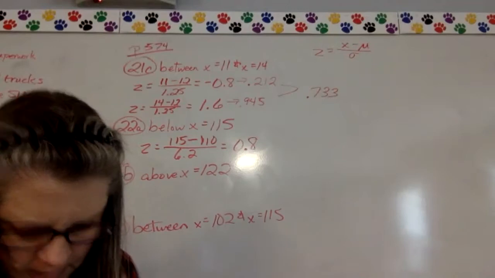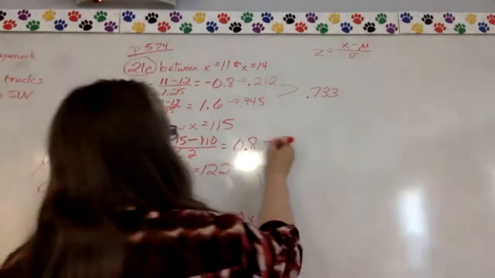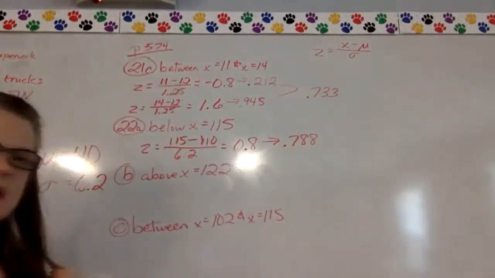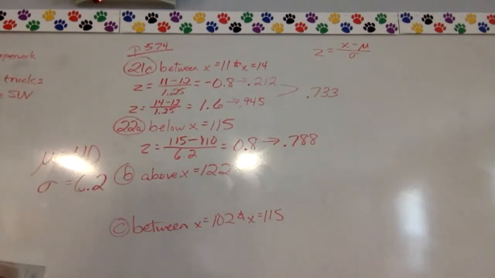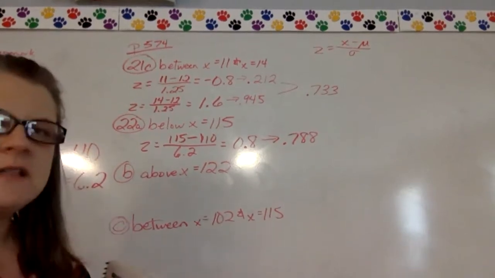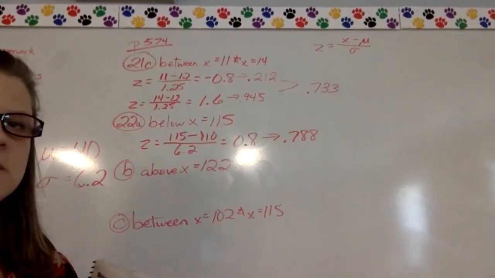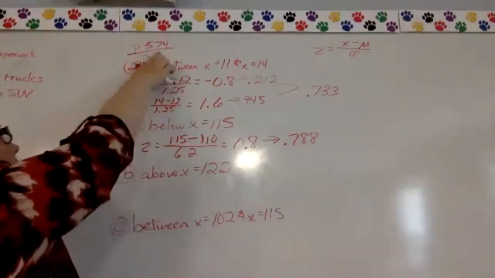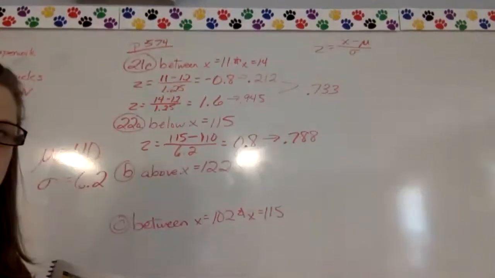So the area below is 0.788, that's all you gotta do. Because the area that you find from that table is below, okay? When it's talking about above, then that's when we'll have to do an extra step. And Ellie, we're going over those problems you were supposed to have tried at the end of class on Friday, 21 and 22 from page 574. Okay, that's where we're at.